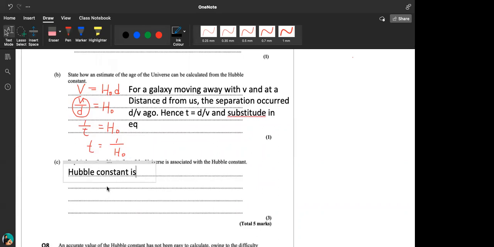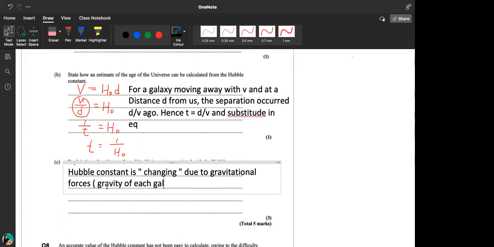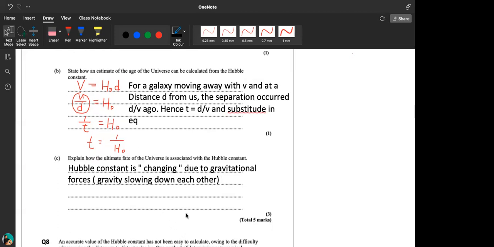The constant is changing, due to gravitational forces. Going down. So that would affect the Hubble constant. So the Hubble constant is more like the rate, right? The rate.